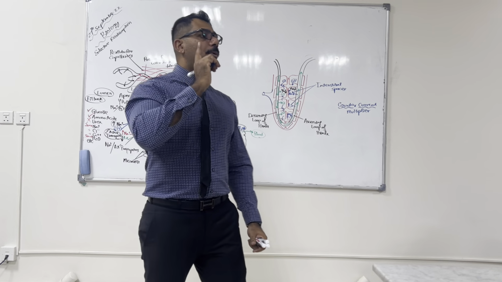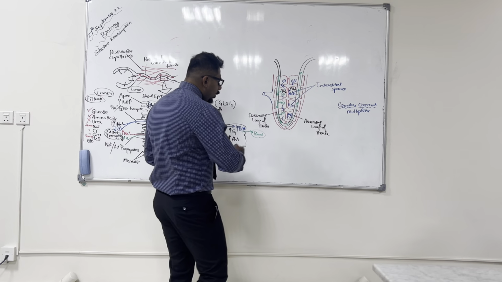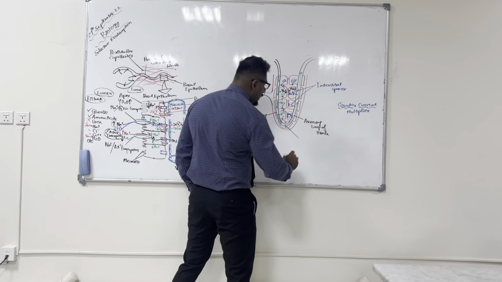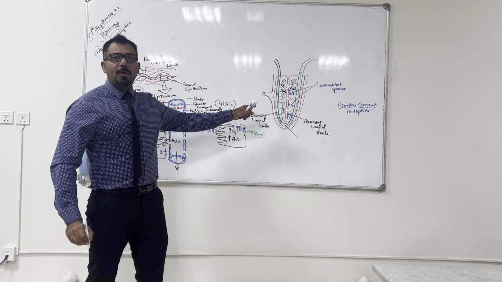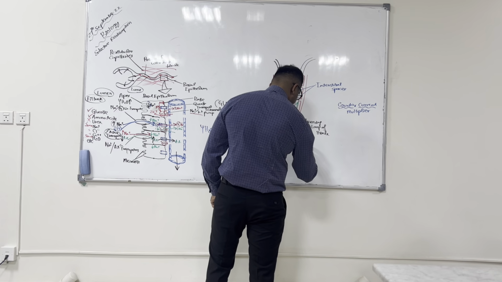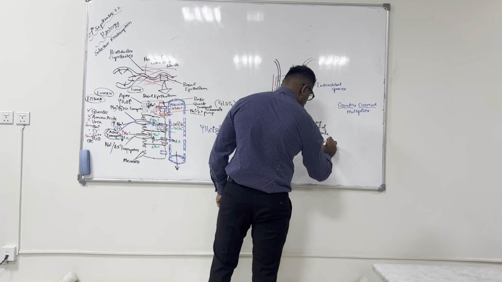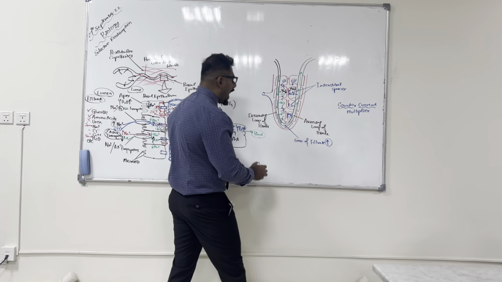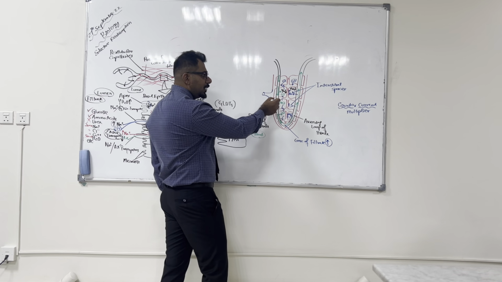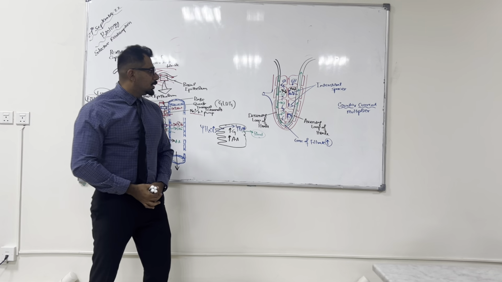Another very important thing which we discussed yesterday as well: at the bottom of the loop of Henle, the concentration of filtrate will be highest, higher than in the descending loop and the ascending loop. How?